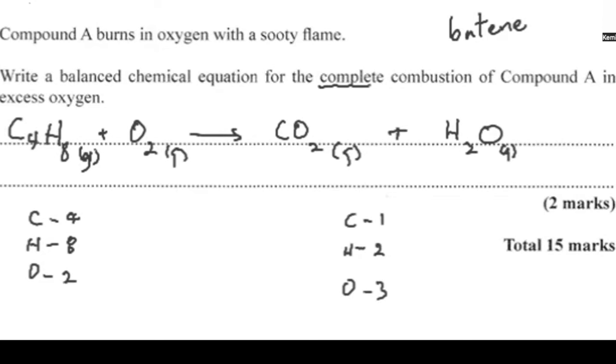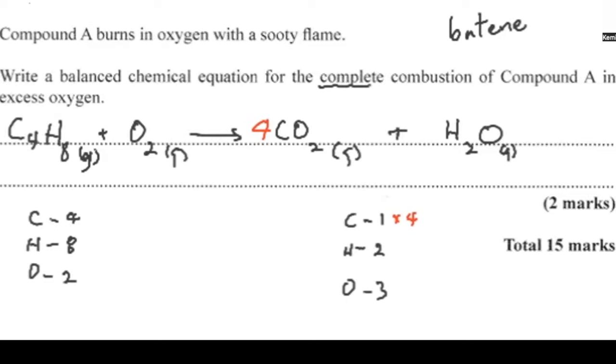Now we start in the order. So we need a 4 in front of the CO2, and that should fix our carbon. But in doing so, whatever comes after the 4 in the carbon dioxide is multiplied by 4.